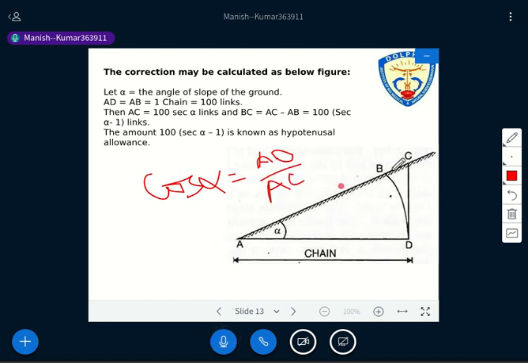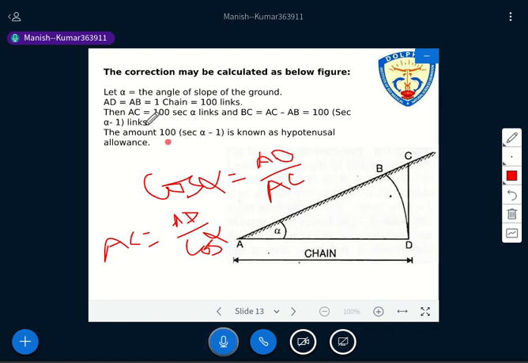And we have to find this AC. So AC equal to AD by cos alpha. And again we know that 1 by cos alpha is sec alpha, isn't it?